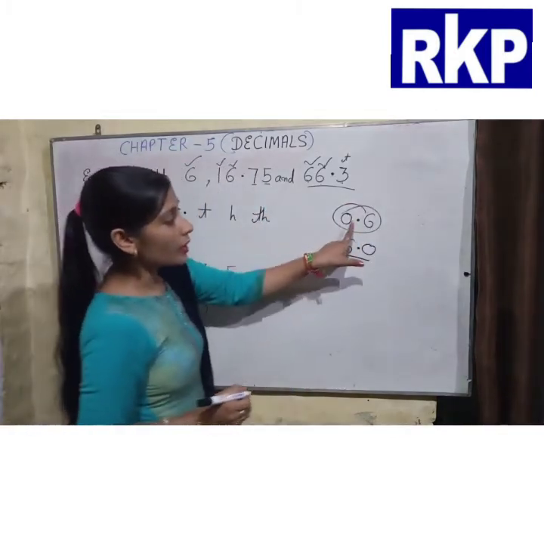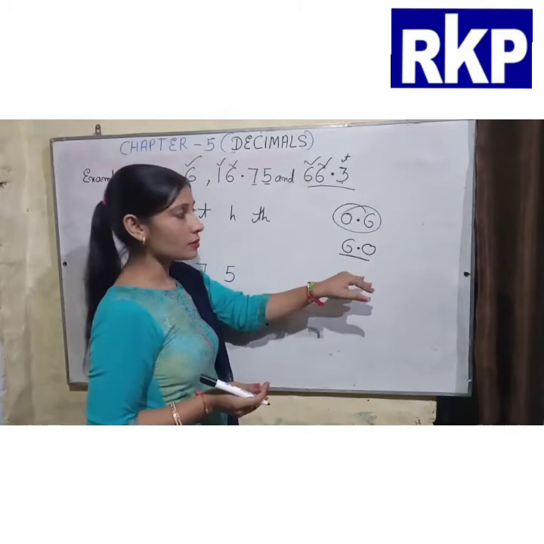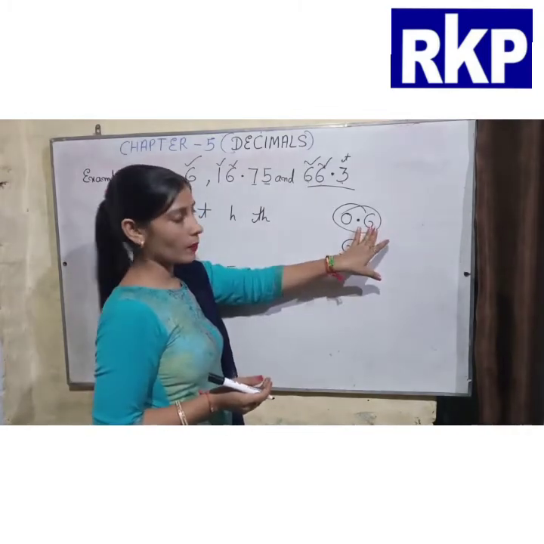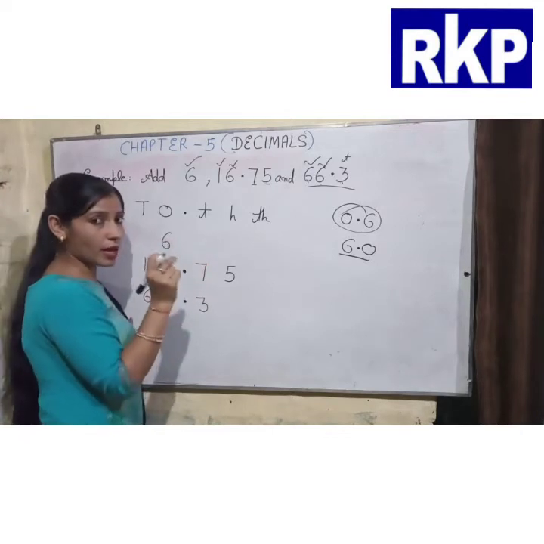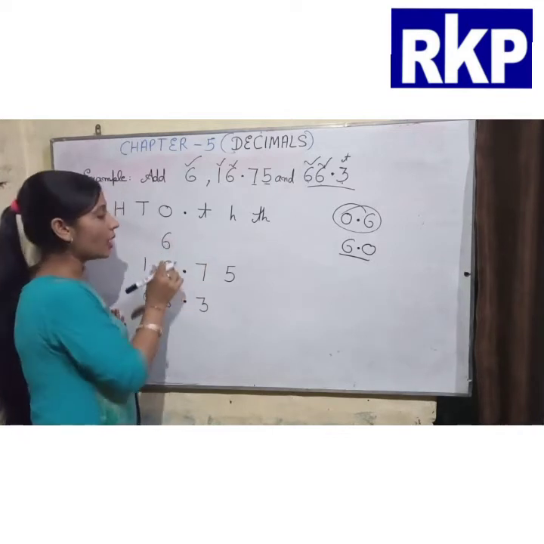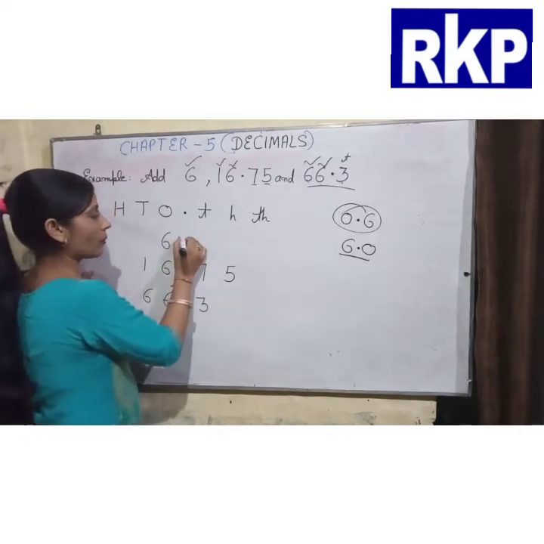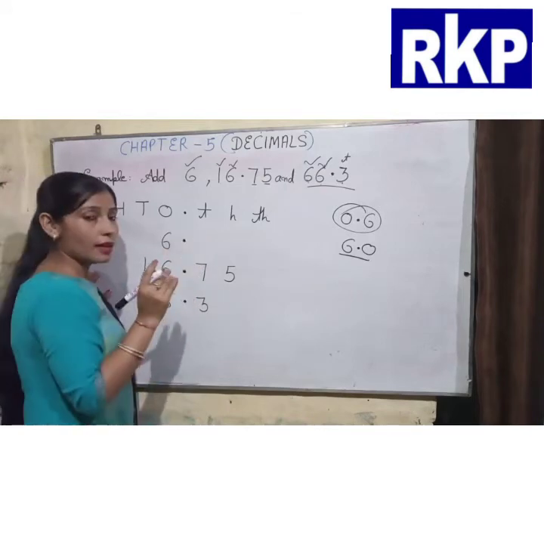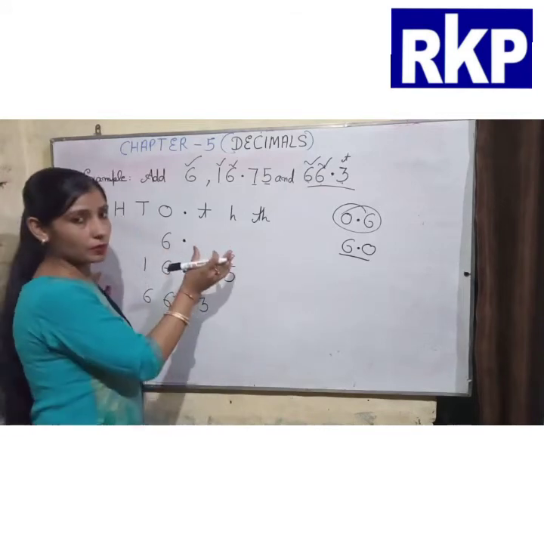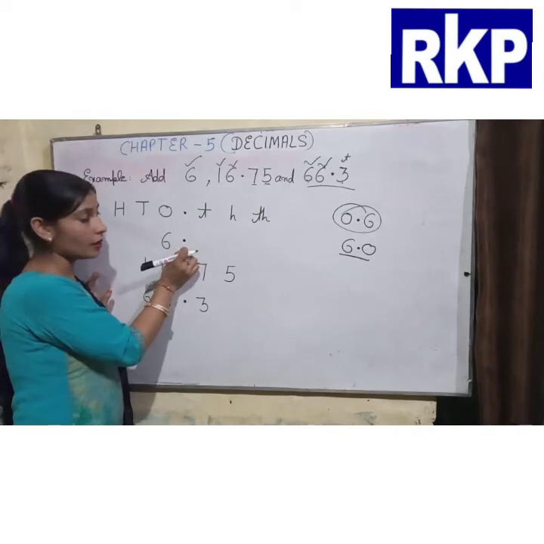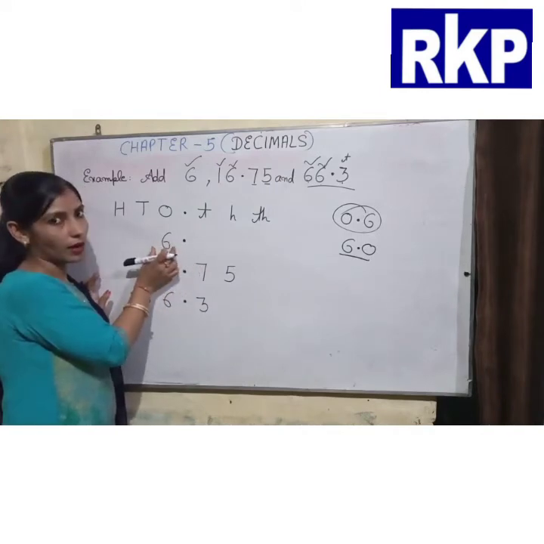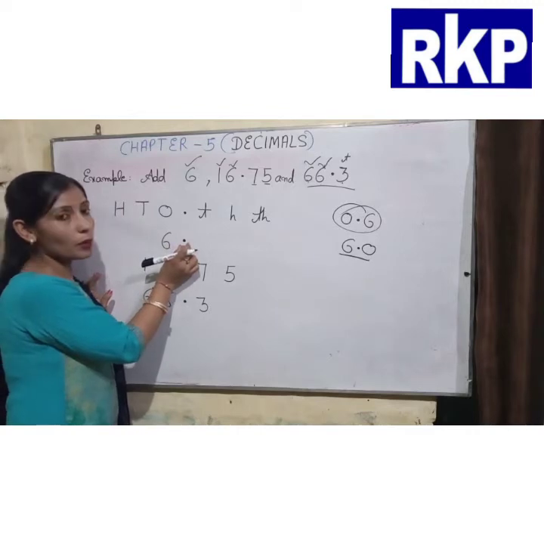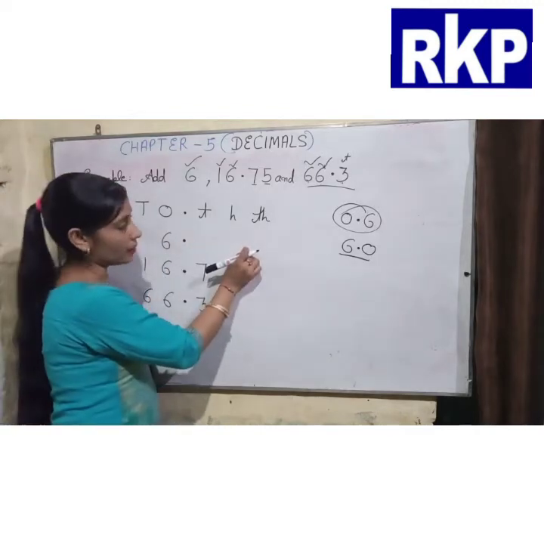Because it means 6 by 10, not 6. So always we have to put decimal after the whole number, because decimal part will come after the decimal, not before the decimal. Before the decimal we have whole number part, and after the decimal point we have decimal part.